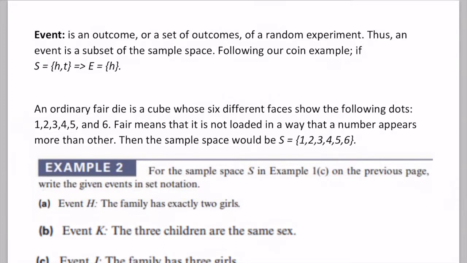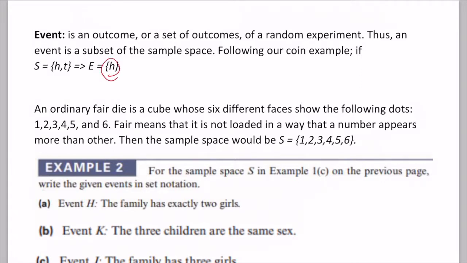An event is an outcome or set of outcomes of a random experiment. Thus, an event is a subset of a sample space. Following our coin example, if the sample space is head or tail, then E equals H. That means that the event is a subset of the sample space because we only have a head, which is one possible outcome.